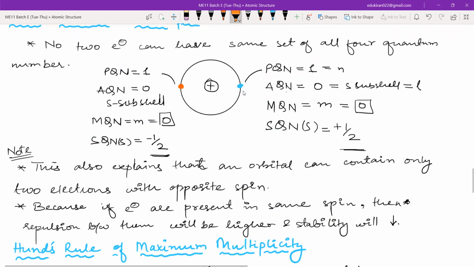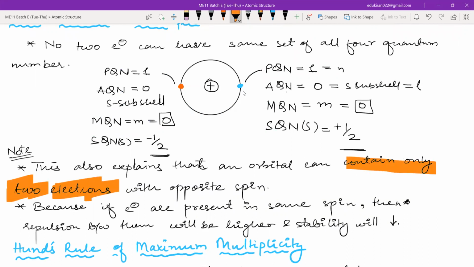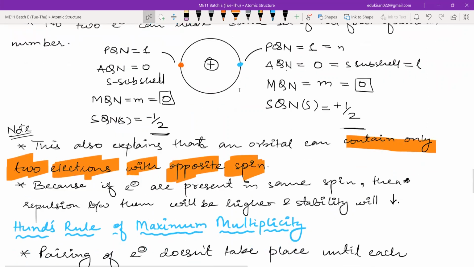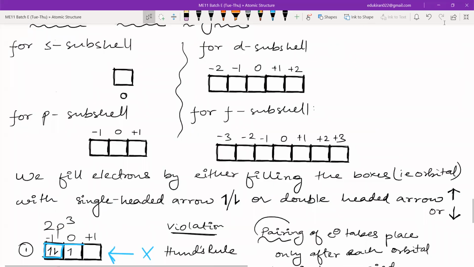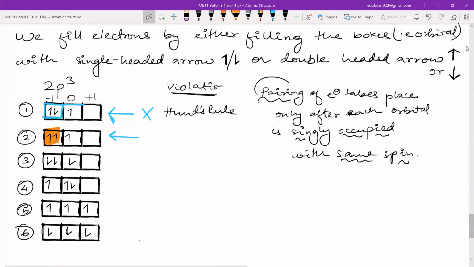An orbital can contain only 2 electrons with opposite spin. Yes, it is containing 2 electrons, but they have the same spin. That is why it is also paired, and it is violating Hund's rule and Pauli's rule, both the rules.